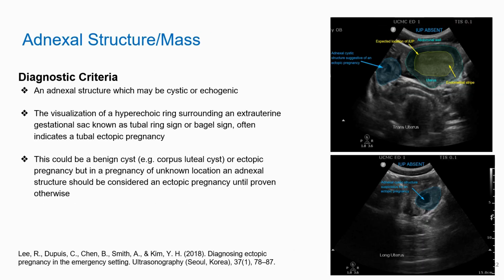An adnexal structure or mass may be cystic or echogenic, and if there's visualization of a hyperechoic ring surrounding the extrauterine gestational sac, that is known as the tubal ring sign or bagel sign, and this often indicates a tubal ectopic pregnancy.